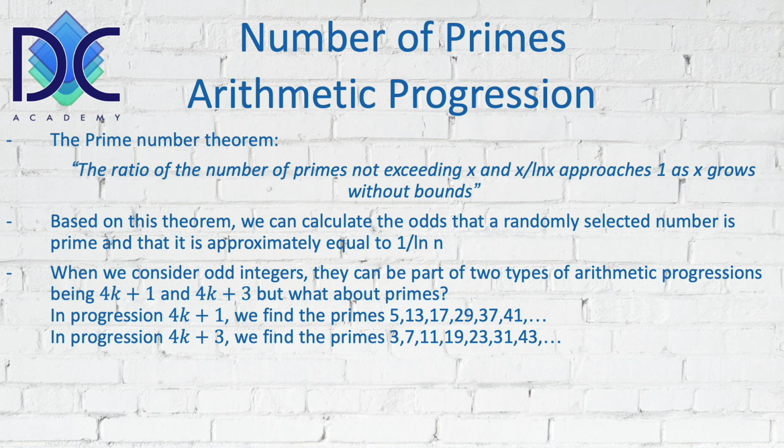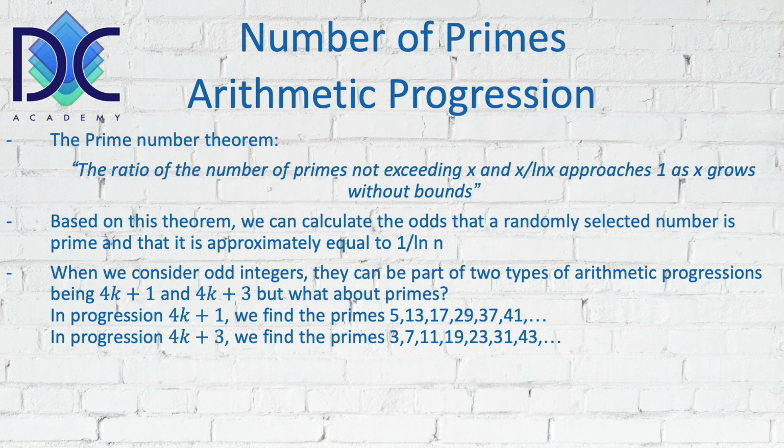When we consider odd integers, we see that we can make them a part of two types of arithmetic progressions. And we are looking at arithmetic progressions also to find prime numbers. The two arithmetic progressions that we can make are 4k plus 1 and 4k plus 3.